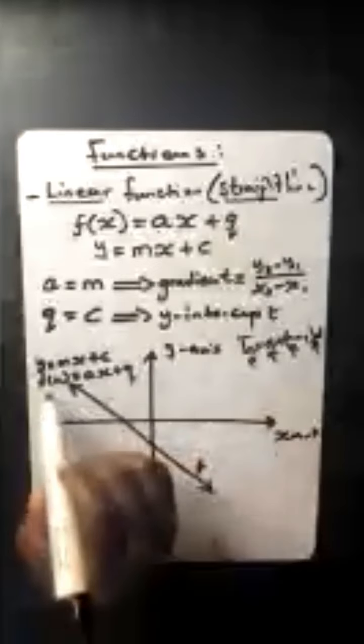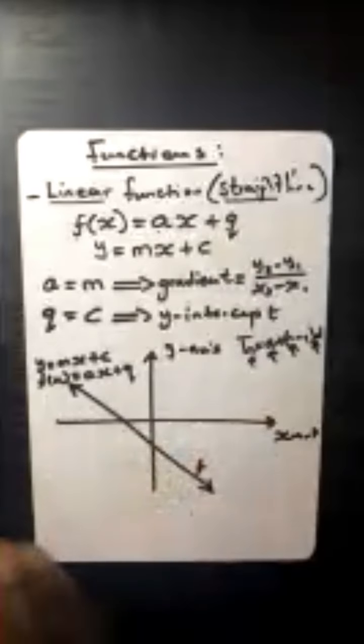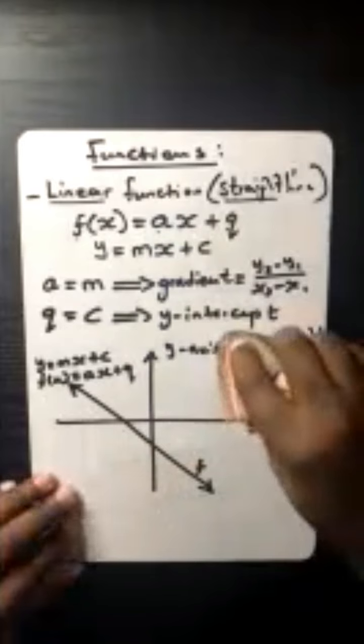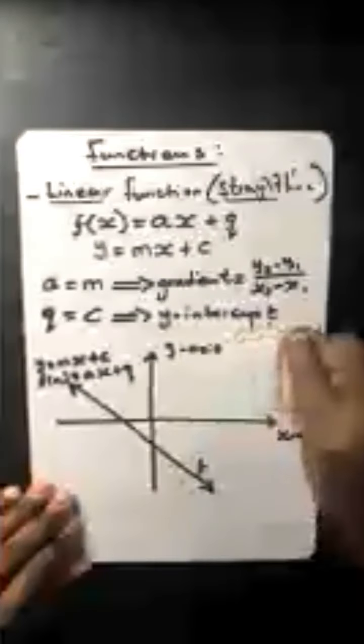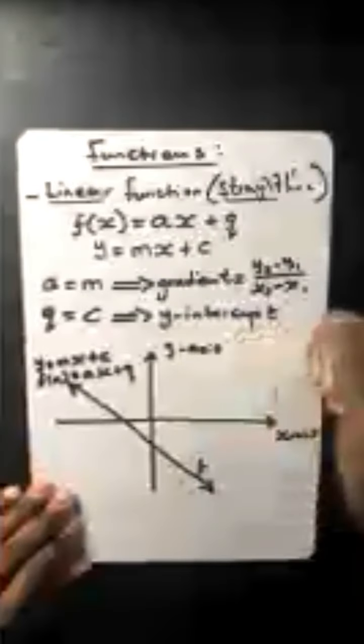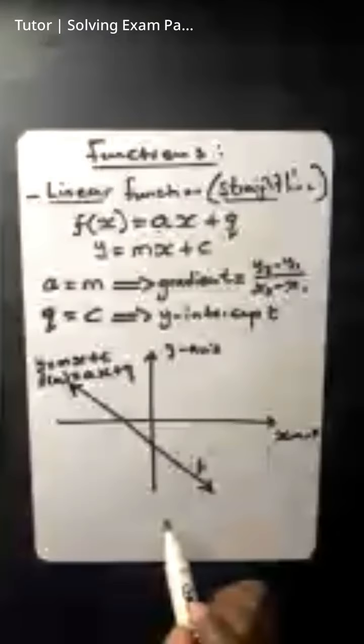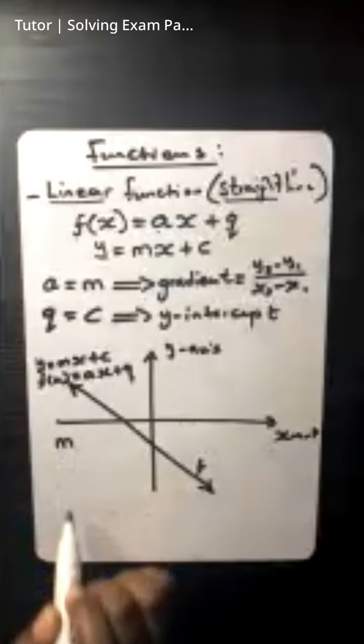For this one, we can either calculate those variables or pick them up from a straight line. What I wanted to explain here, guys, is the gradient. Let's say m or a. Obviously, you know what I'm talking about. I'm talking about the gradient.